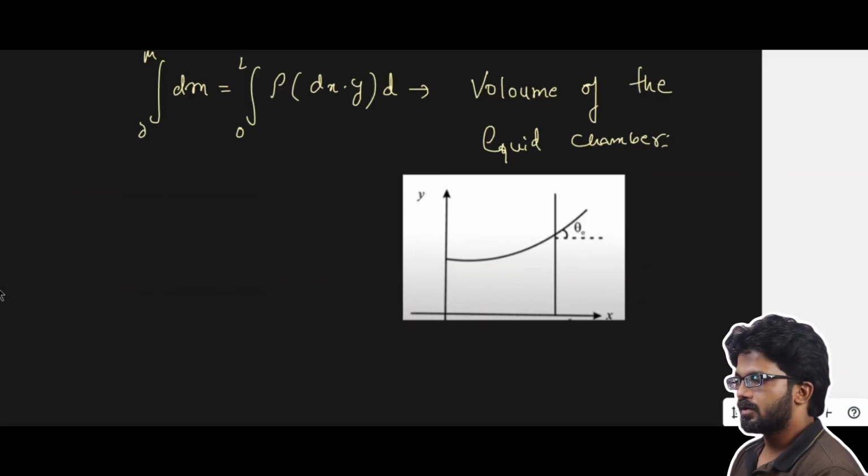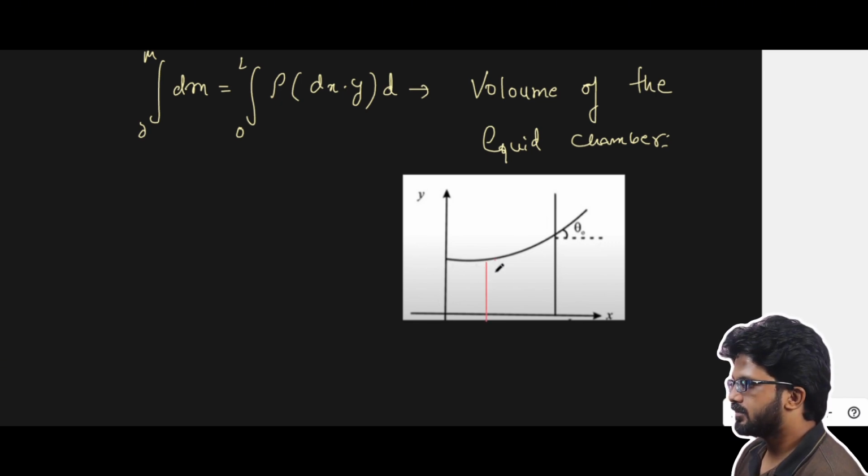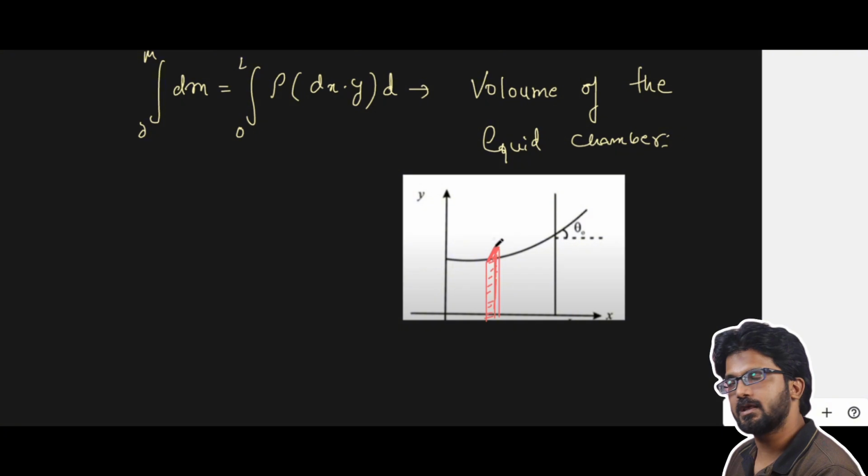If we look into this system, we can take an element here, and we are going to take this element in 3 dimensions because this is a cuboidal container in which the entire liquid is kept. This element can be assumed to have a dx length.